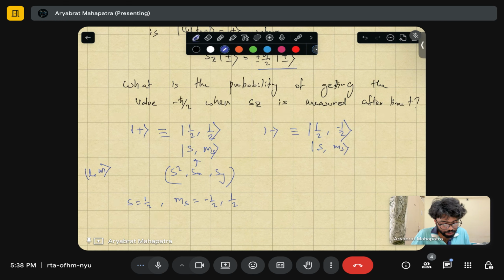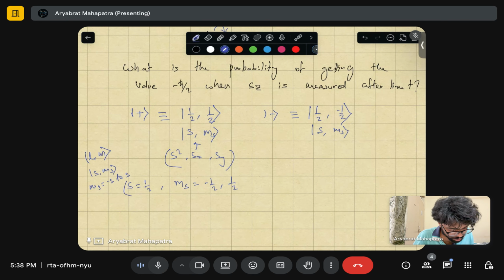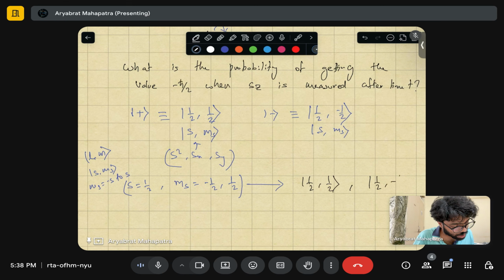In the same way, if you have S, m_s, your m_s goes from minus S to S. So you will find two states for the given spin-half particle: either half, half or half, minus half. So you have two states.